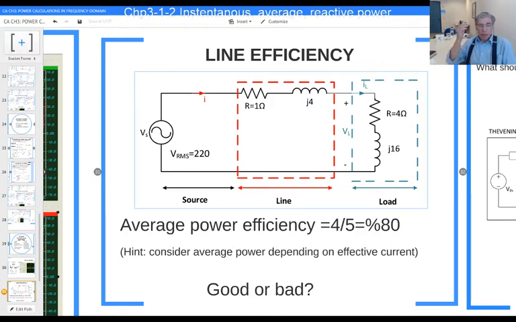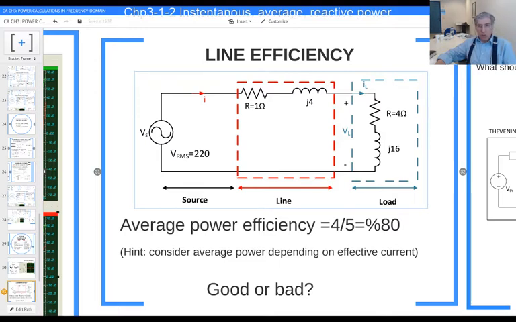So now we would like to find out the efficiency of this line. That means the power we consume here over the power originated from the origin. So that means how much of it has been lost in the line.